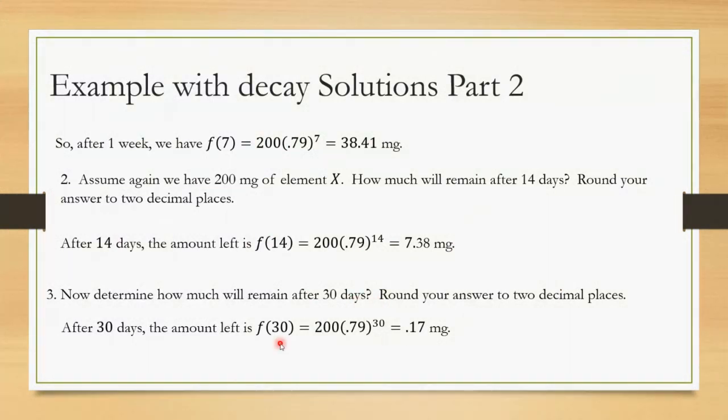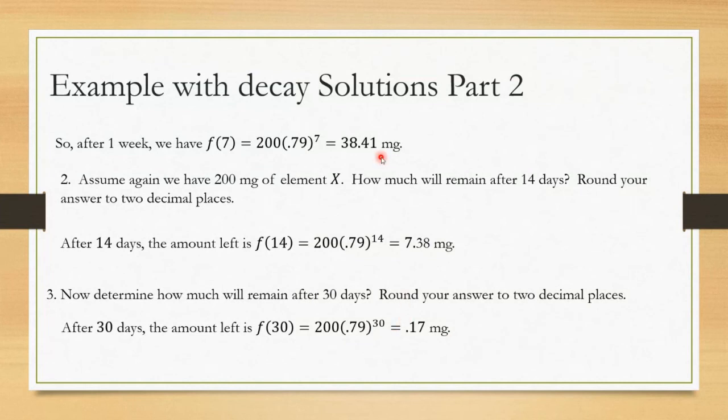Well, that's just the function at 30, f of 30, which is this. And that turns out to be 0.17.